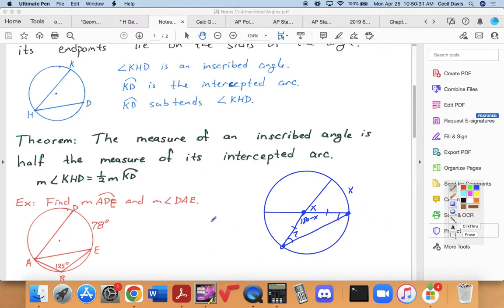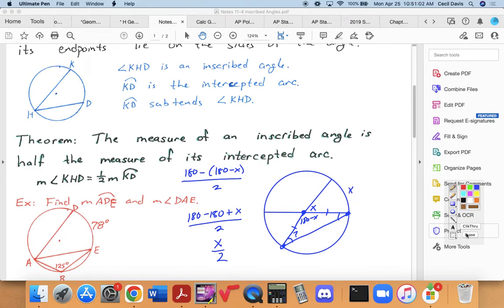So if I took 180 minus that angle and divided the result by 2, well, that'd be 180 minus 180 plus x when I distribute the negative sign, over 2. It's x over 2.